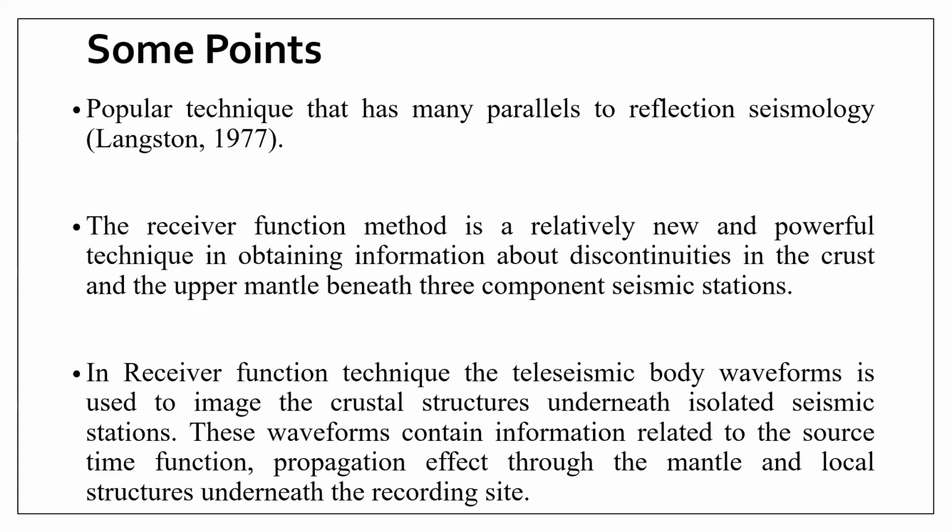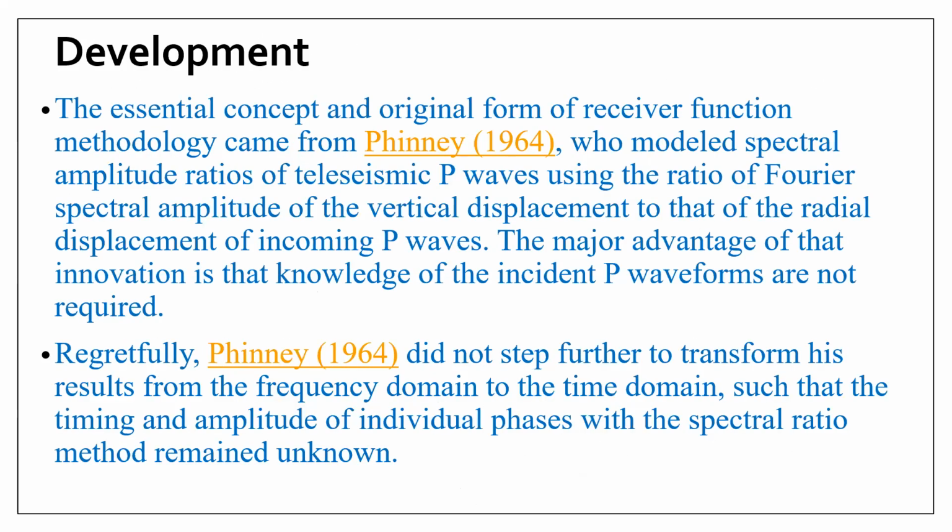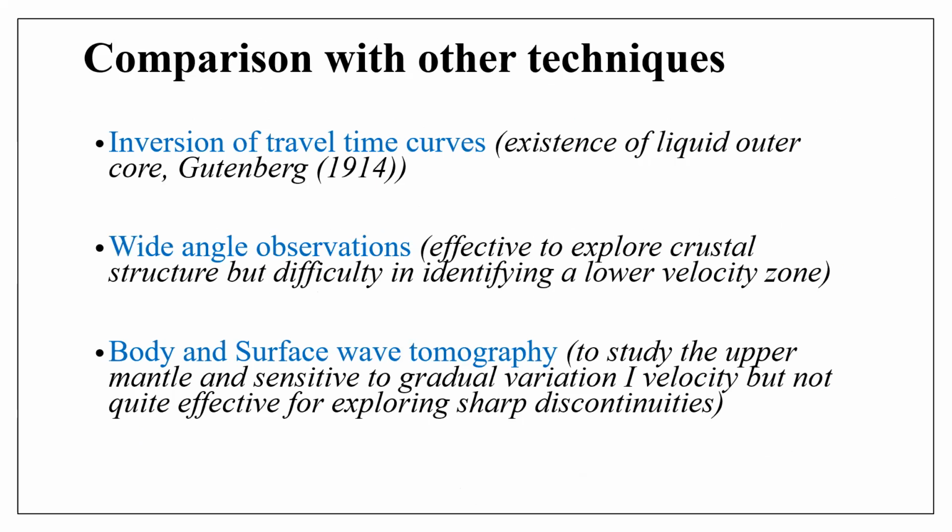The waveforms in the receiver functions contain information related to the source time function, and also the propagation effect of the mantle and local structure underneath the recording site. So if you compare the receiver function technique with other techniques, there are some pros and cons, like disadvantages and advantages.